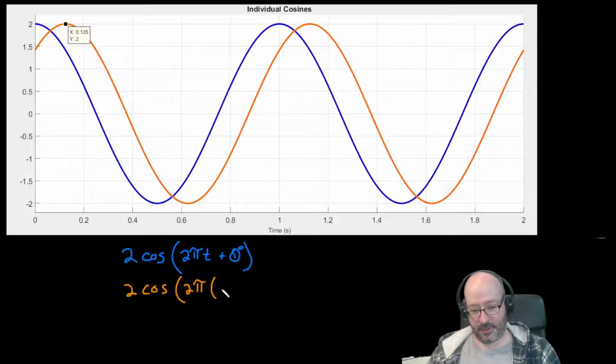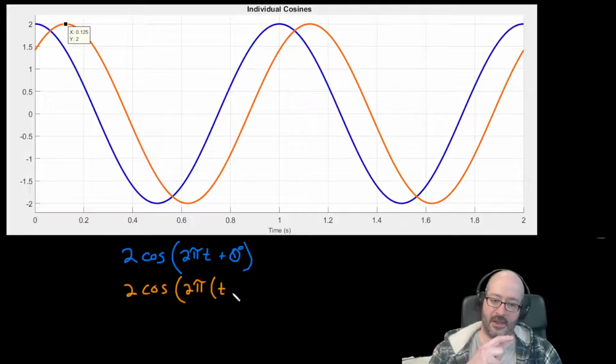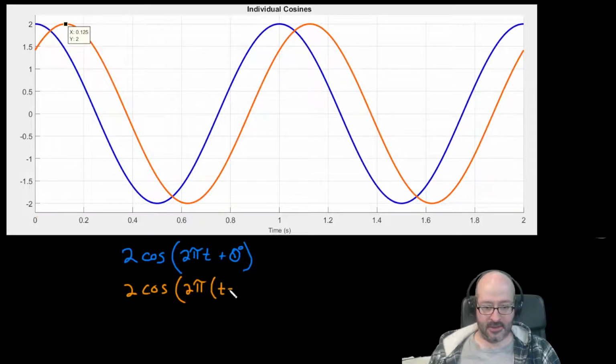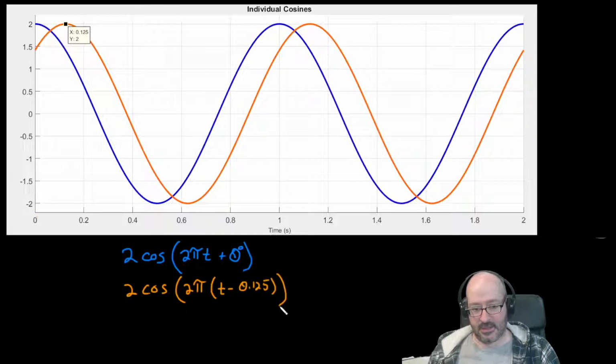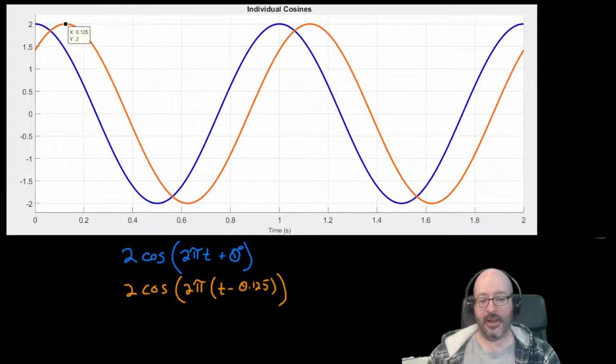I'm going to put a second set of brackets in here. If I shift to the right, I subtract time. So I'm subtracting, and what am I subtracting? I'm subtracting 0.125, just like that. And by subtracting that time, I shift this whole function over by 0.125.